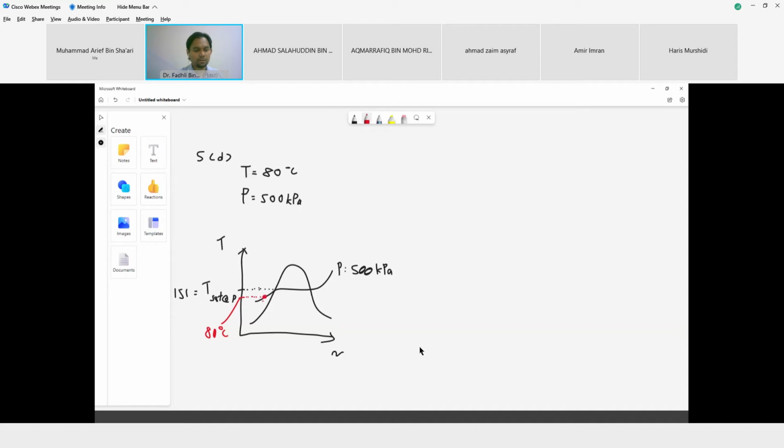So here is the location of our substance. Di sinilah tempatnya. This point. It can be here, it's up to you lah, as long as di bawah T sat, itu adalah point dia lah, di situlah tempatnya.